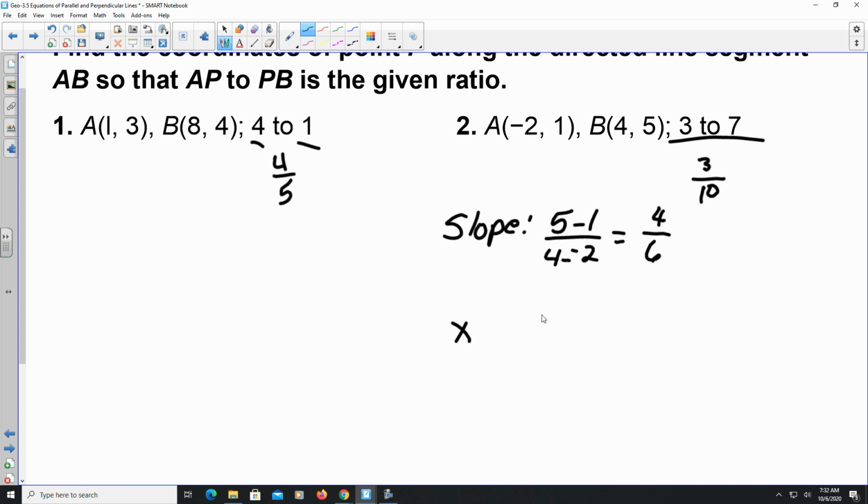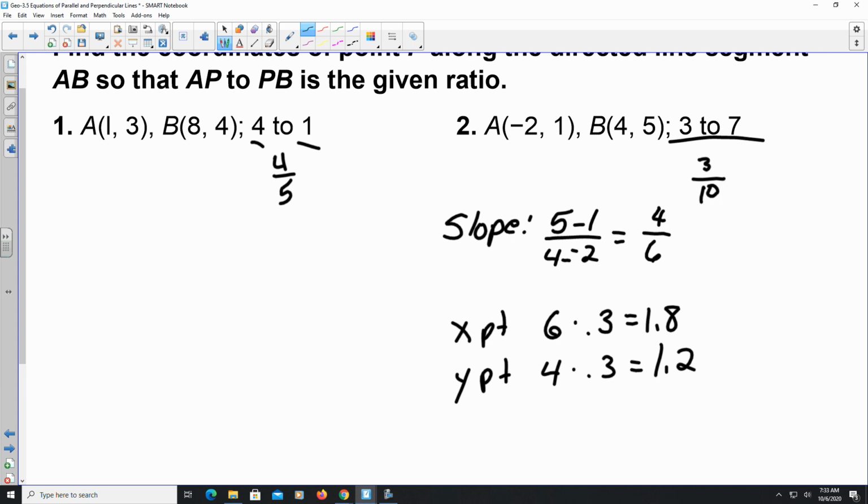So to help us find that x point, we are going to take 6, and we're going to multiply it by 3 over 10, which is 0.3, and that gets us a result of 1.8. To help us find that y point, we're going to use 4 and multiply that by 0.3, and that gets us 1.2.